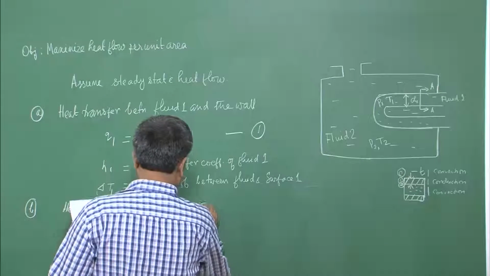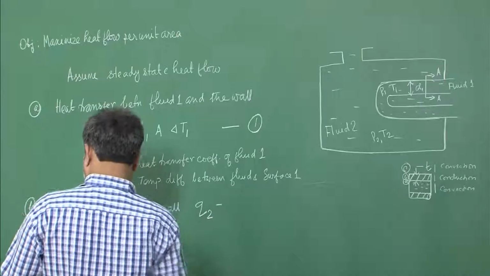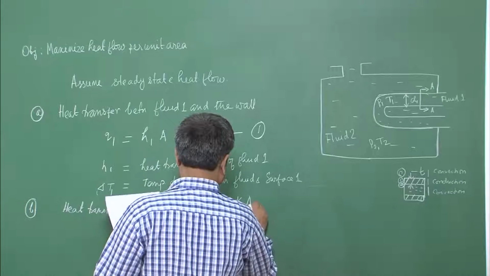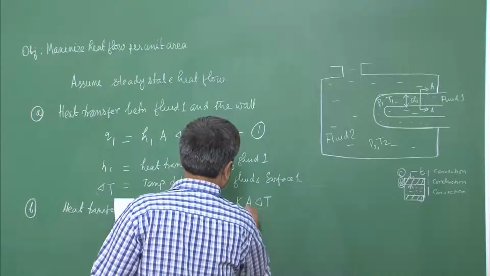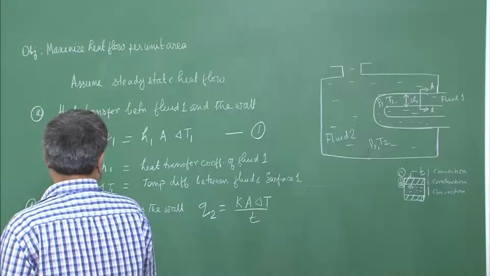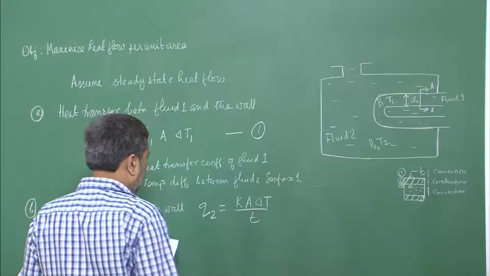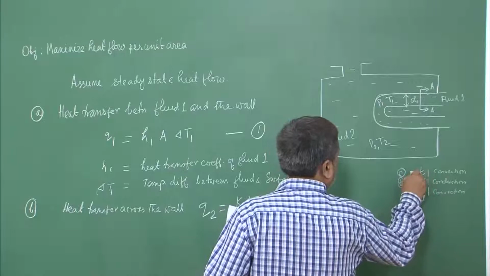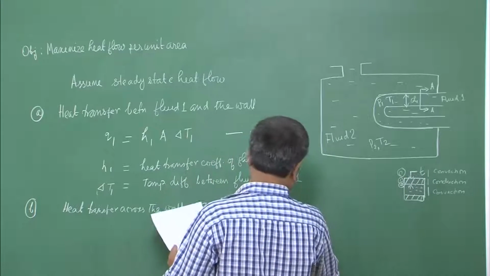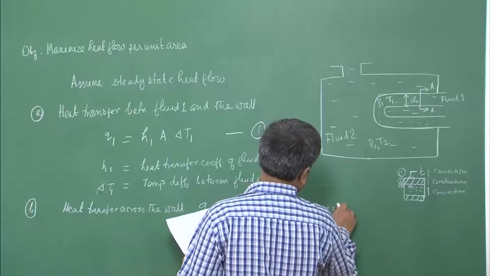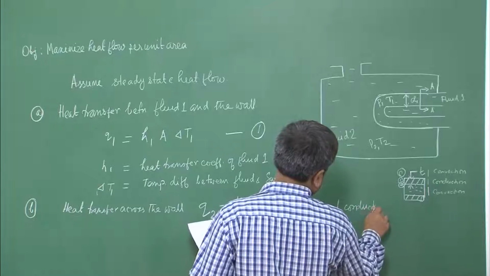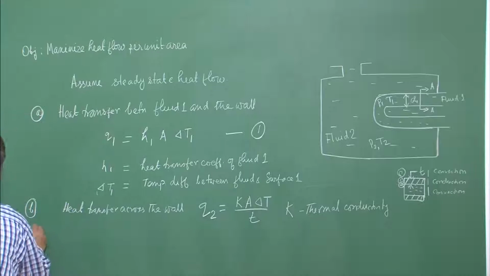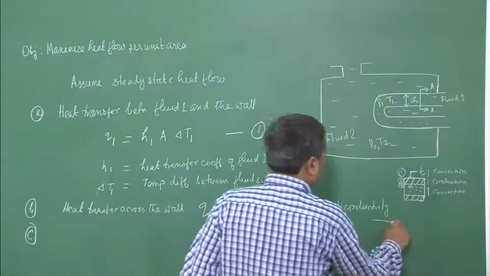Now, the second equation is Q2 equals K A delta T over T, where A is the surface area, delta T is known to us, T is the thickness of the wall as I have shown here, and K is the thermal conductivity. So this is my second part.